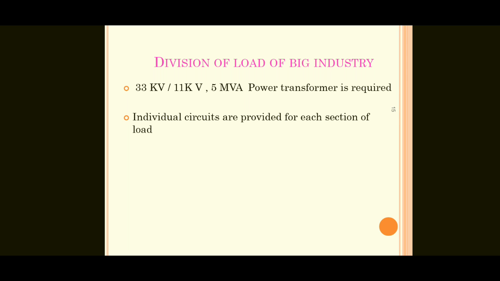Next, division of load of big industry. A 33 kilovolt by 11 kilovolt, 5 MVA power transformer is required. Individual circuits are provided for each section of load.